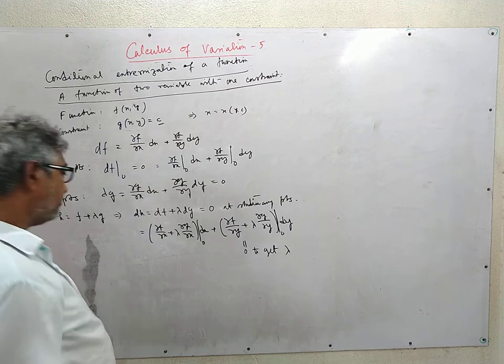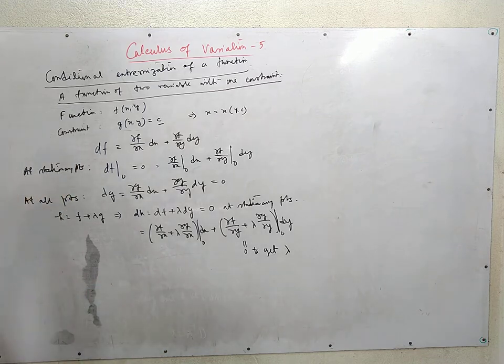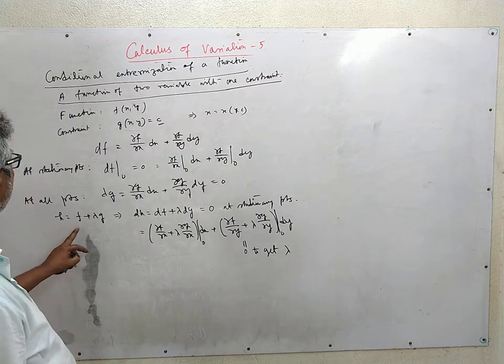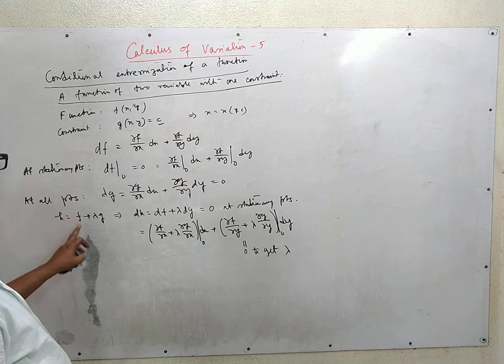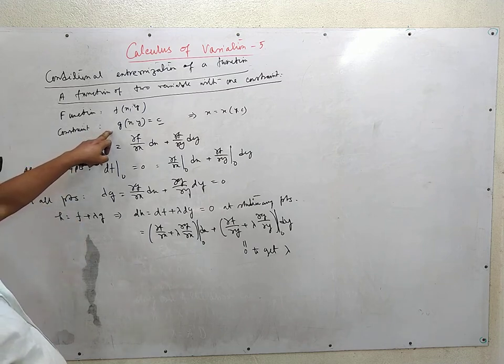So we will have these three equations and three unknowns, x0, y0 and lambda. This is a very standard prescription which can be applied to more than one variable subjected to one or more constraints. The prescription is that we consider the function and we consider the constraint.